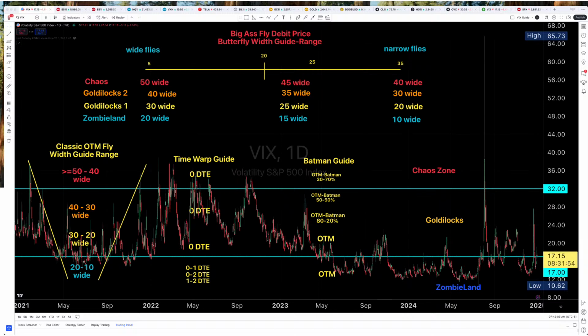And the most basic assessment is, well, where is the volatility regime? And I've broken up volatility into three major regimes: low, medium, and high, or Zombieland, Goldilocks, and chaos. Now, when we get into Goldilocks, that's a VIX on the S&P 500 anywhere from 17 to 32.